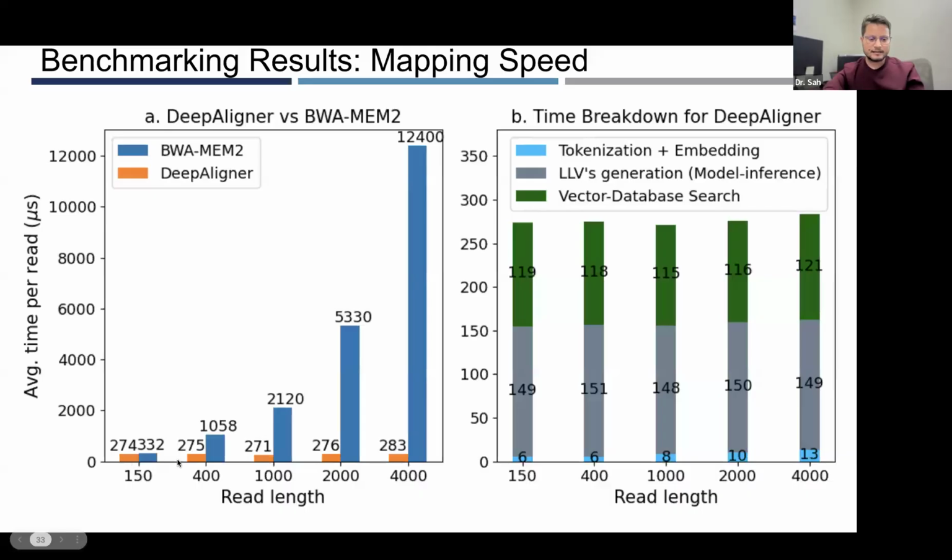So in this case, the orange one, which is my pipeline, is almost consistent irrespective of the length. You know what the main reason is? Because all these existing tools consider a string matching problem. As the string increases, their algorithm complexity increases with quadratic time, because it's dynamic programming.